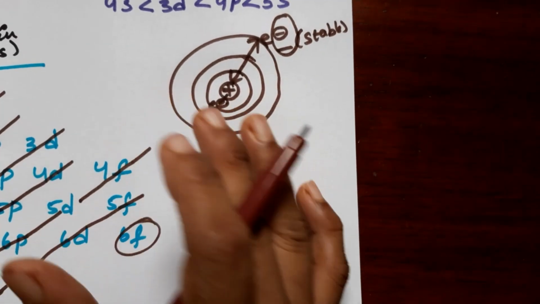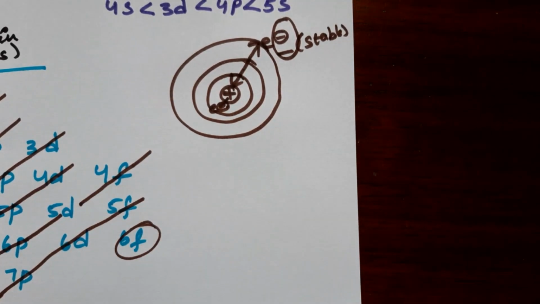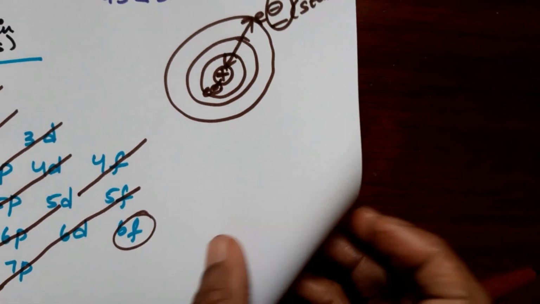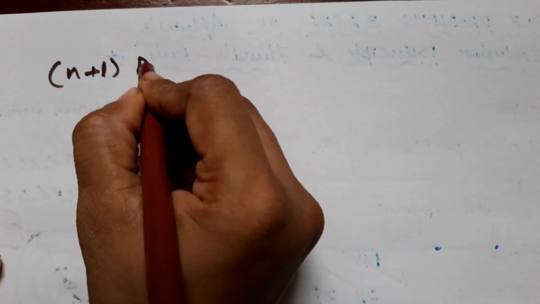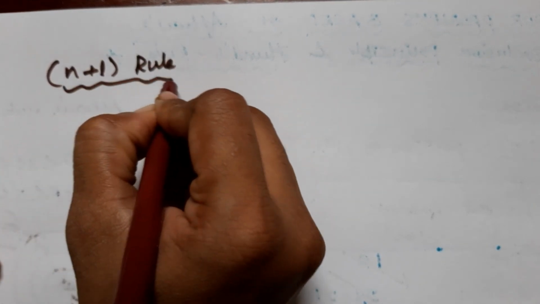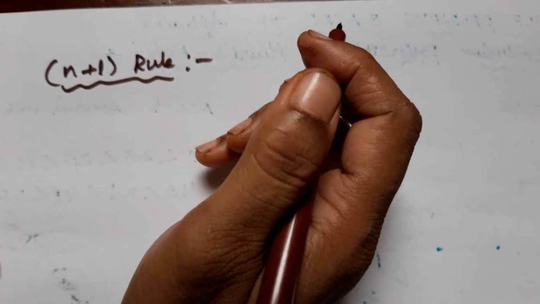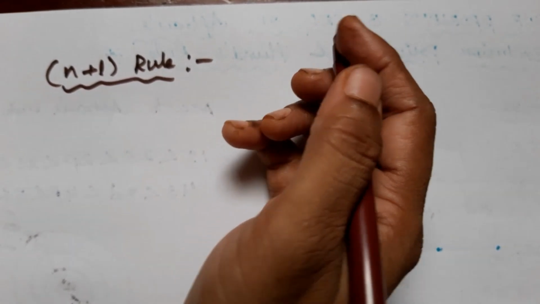Now if we get confusion about how the electrons are filling the orbitals, it follows the n plus L rule. See how this n plus L rule applies. If you get confusion how the electrons are filling based upon Aufbau's rule, you can follow the n plus L rule.